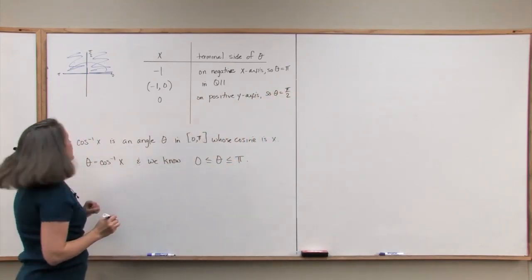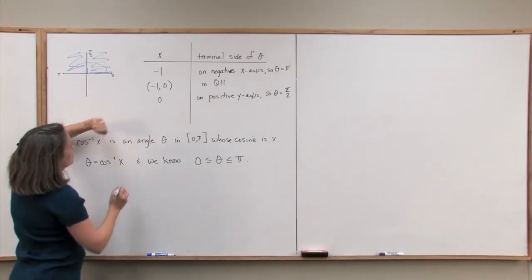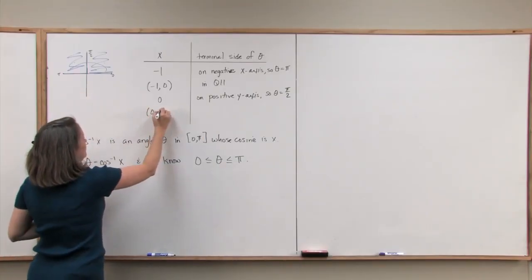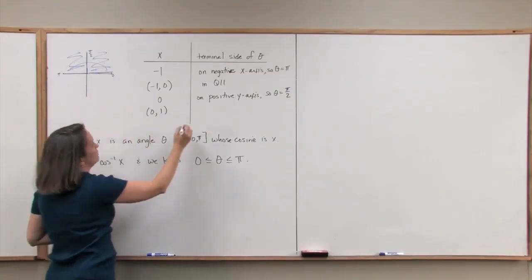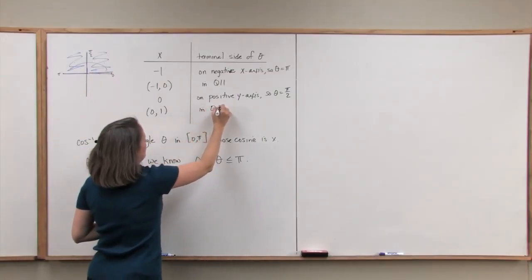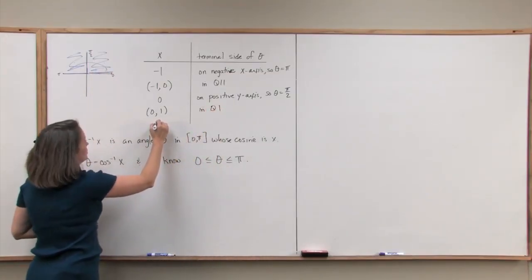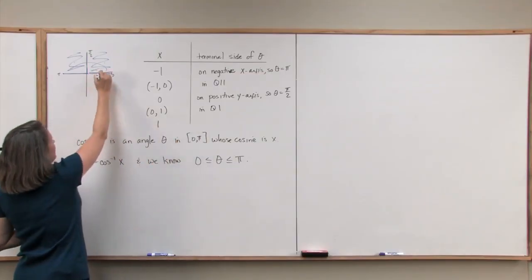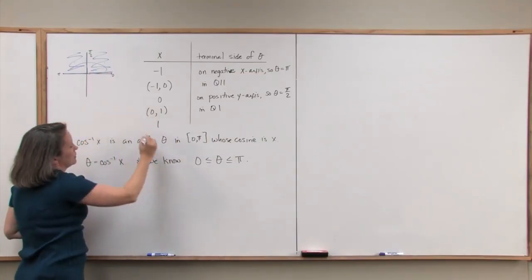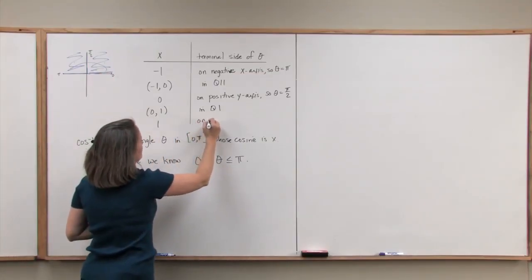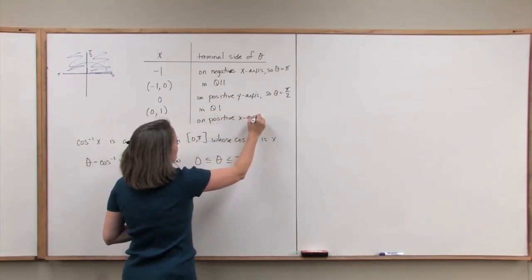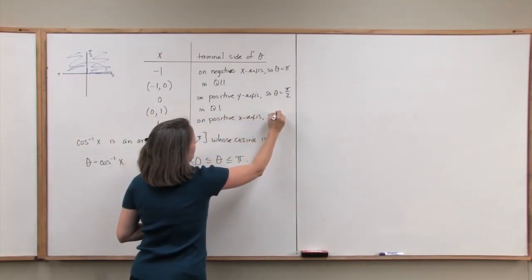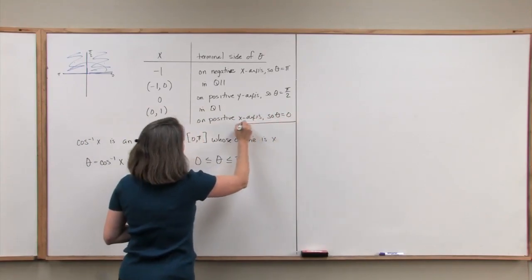We have two more possibilities. If x is between 0 and 1, then the terminal side is somewhere in quadrant 1. Or x could be 1, and that means the angle lies on the positive x-axis, and that would be theta equals 0.